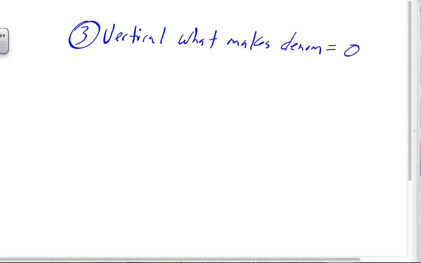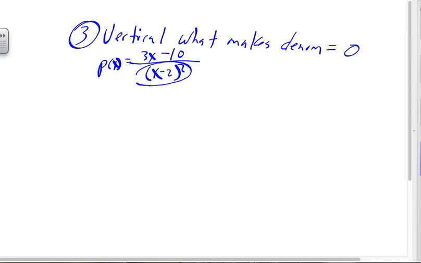Our original polynomial was 3x minus 10 over x minus 2 squared, and it's factored.